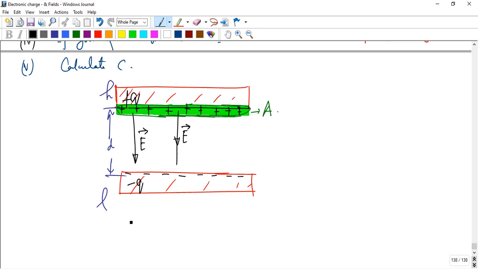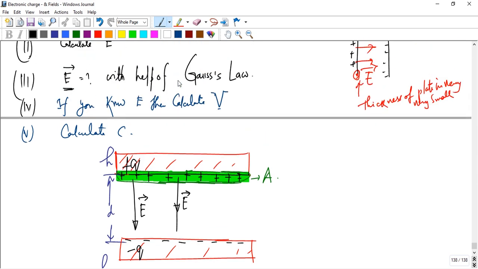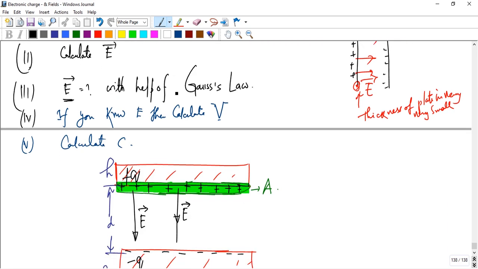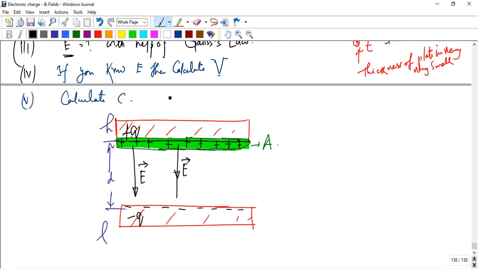Now calculate the electric field with the help of Gauss's law. First, we choose a Gaussian surface. Suppose this surface, the gray line, is the Gaussian surface.